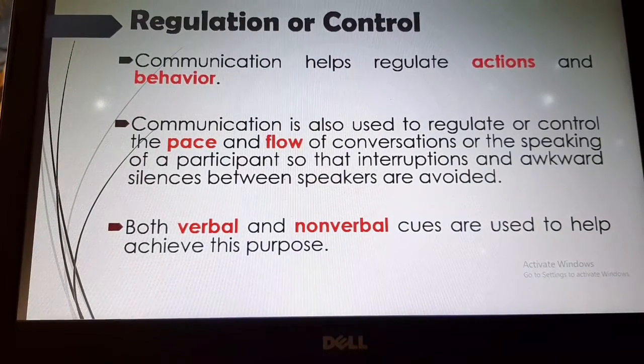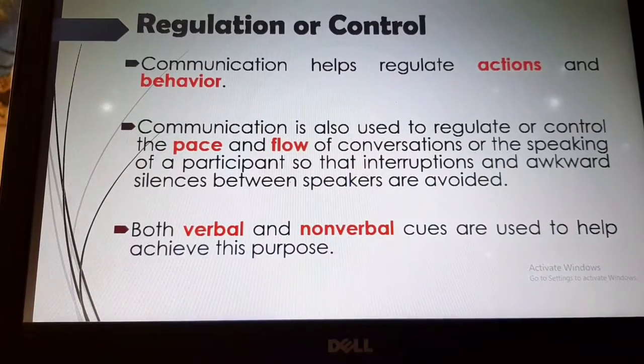The speaker may be requesting feedback from the listeners, or the speaker wants the listener to take the floor. When you say you want to take the floor, meaning you're going to speak. Or sometimes when a speaker looks away or avoids eye contact from a listener, maybe the speaker is suppressing the listener's attempt to take the floor. In short, ayaw kanyang pagsalitain.